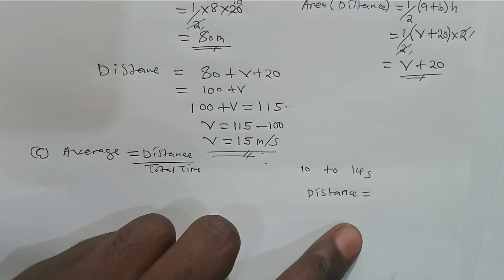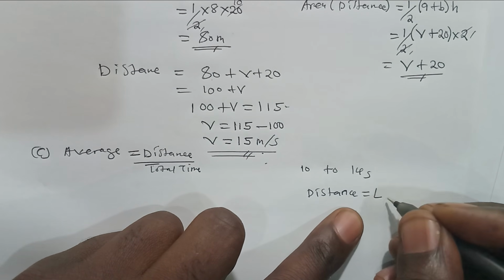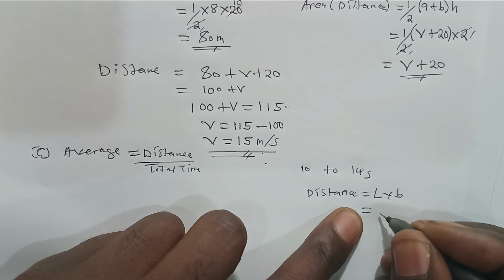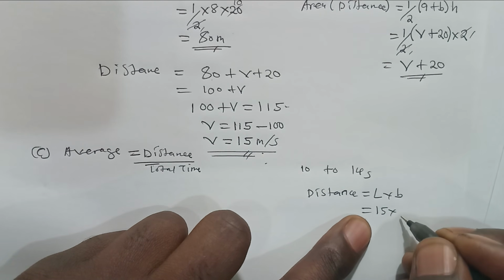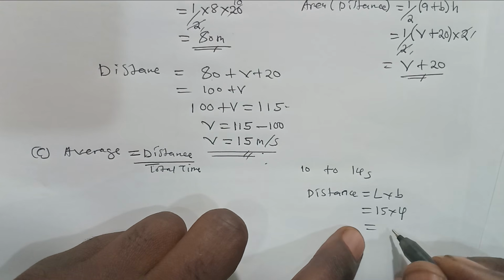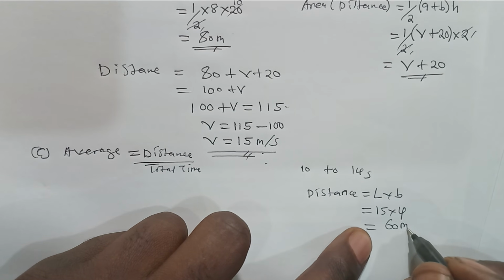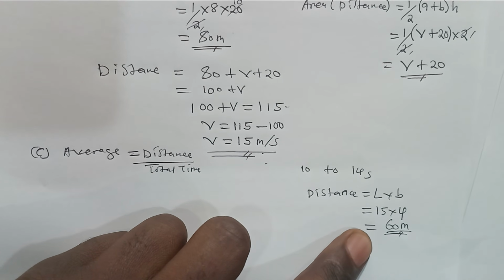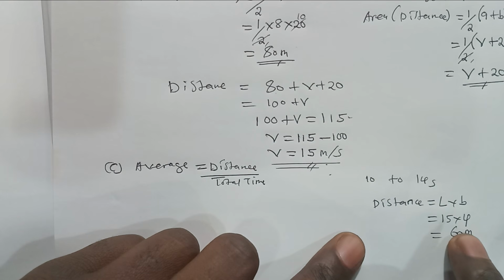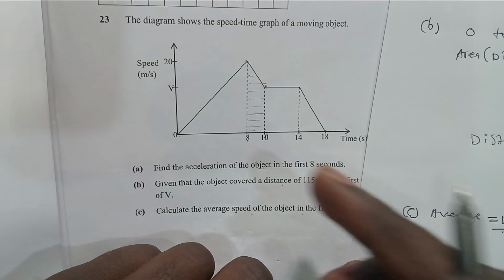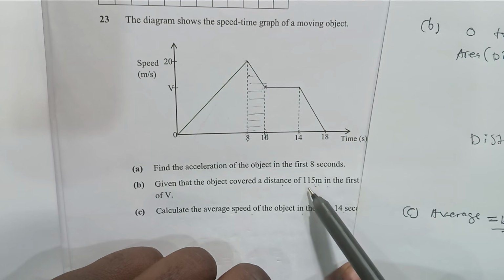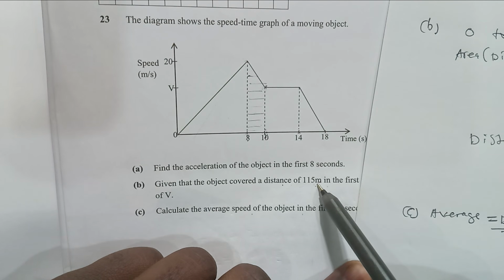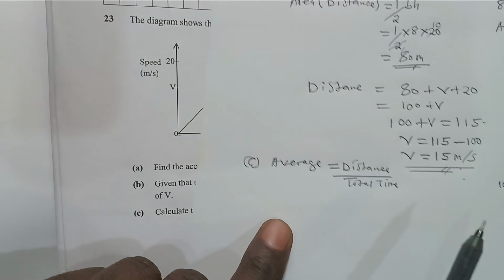So we're saying distance is equal to L times B, our length is 15, our breadth is 4. So this is going to give us 60 meters. So this distance plus the one from 0 to 10 seconds, which has been given as 115, is what we are going to have as our total distance.